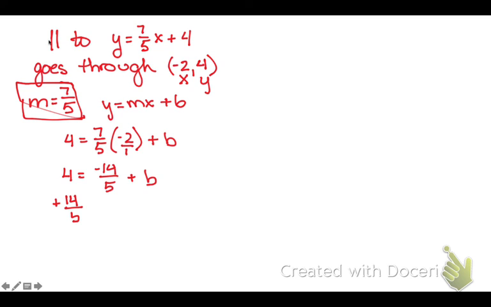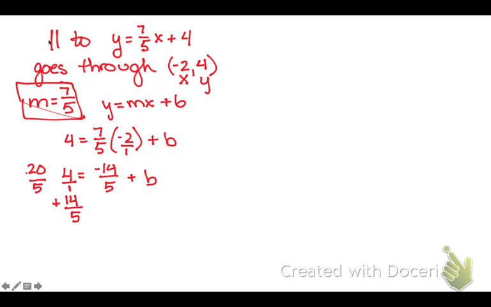Now, this is 4 over 1, correct? Yeah. So I have to get common denominator, which is going to be 5. So I'm just going to put it to the side. Well, I have to multiply 1 by 5 to get it to 5, don't I? Yeah. So what do I have to do to the 4? The 4 to 20, because I have to multiply it times 5, right? So now I have 20 plus 14 is what? 34.